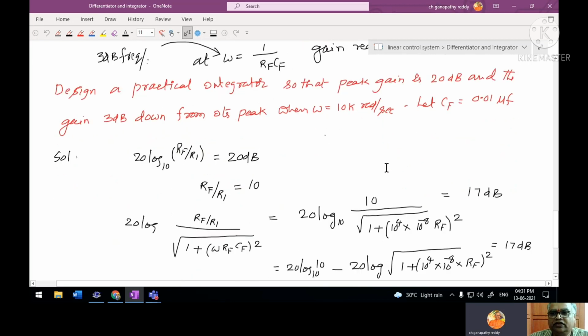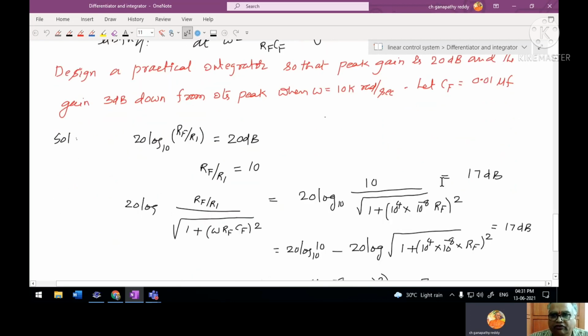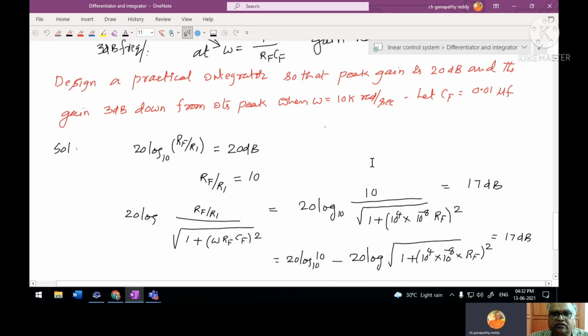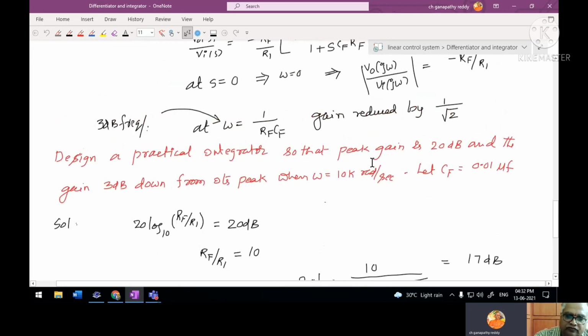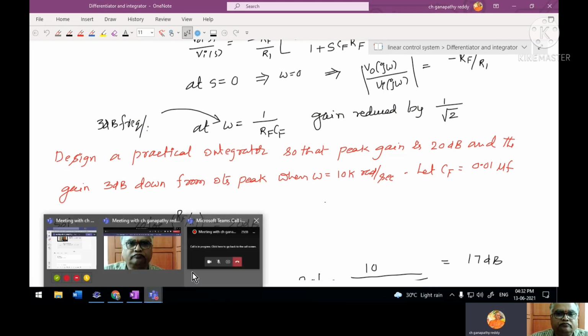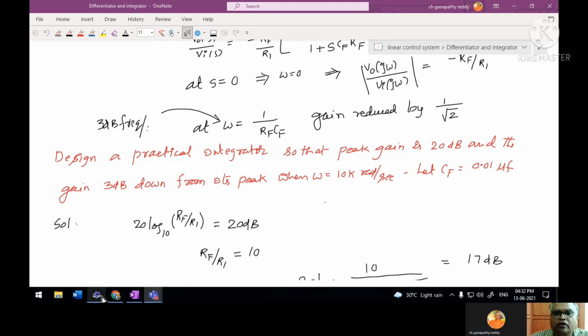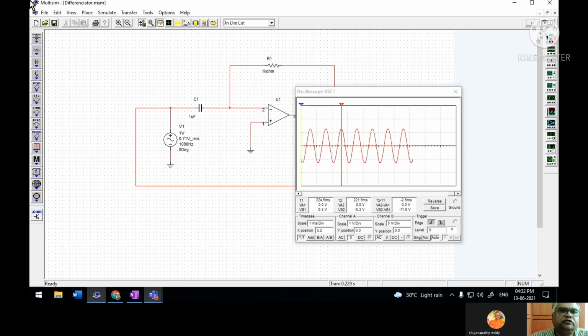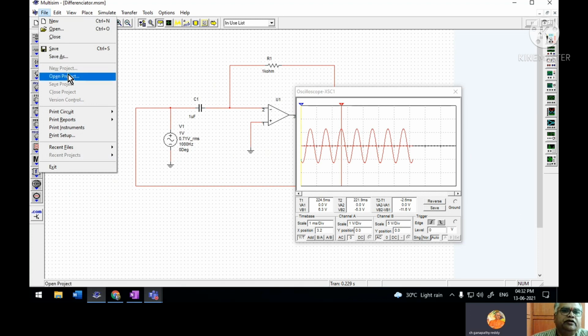At this frequency we should have a gain of 17 dB. But when I verified, I am not getting 17, it is coming very much less. That much variation should not come, but it is coming. We'll see later. So let me open the integrator.